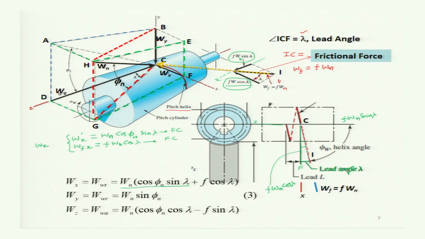So Wn cos phi n sin lambda plus Fwn cos lambda. Wn is taken outside, and so cos phi n sin lambda plus F cos lambda.